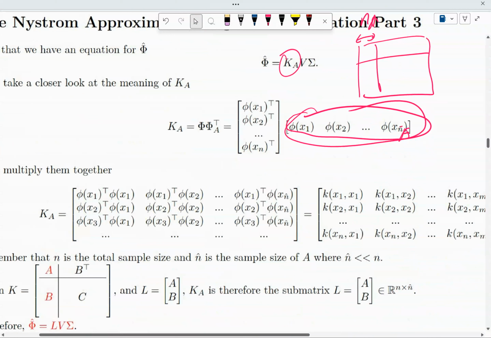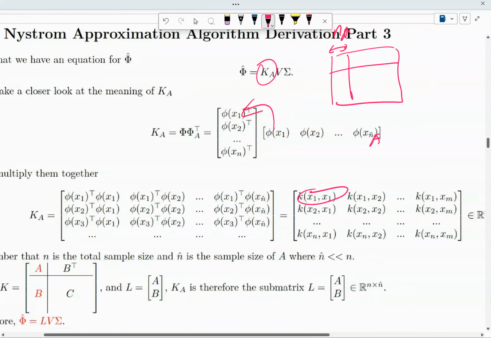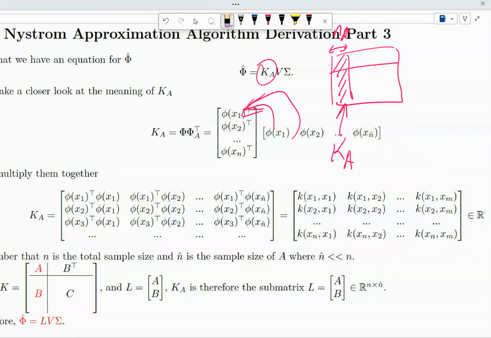And when you multiply them together, you form the kernel function. So this right here is equal to the kernel function, right? And the size of this kernel, after you do this multiplication, you're going to end up with n by n A, right? And this is essentially this portion, which we call Ka. I call it Ka because we've done this in the previous lecture.